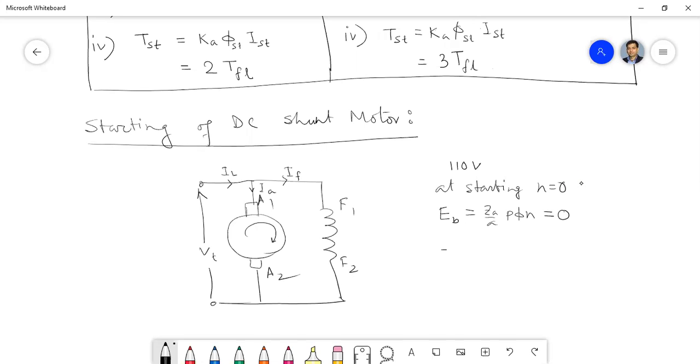Okay. Now the full load current is generally designed with this expression: Vt minus EB by Ra, isn't it?